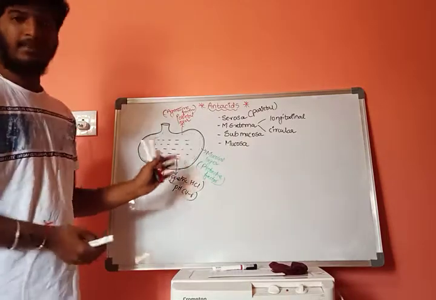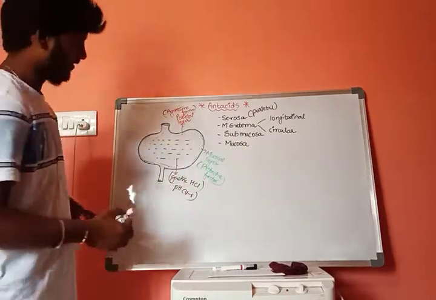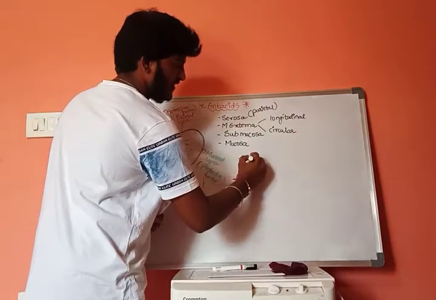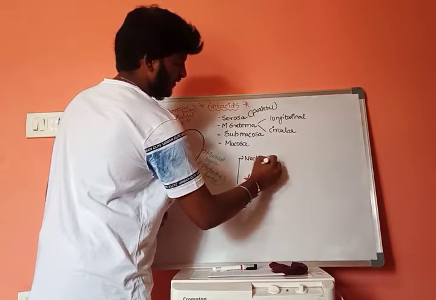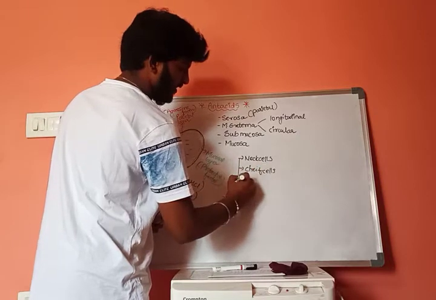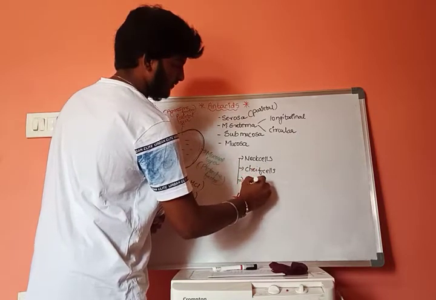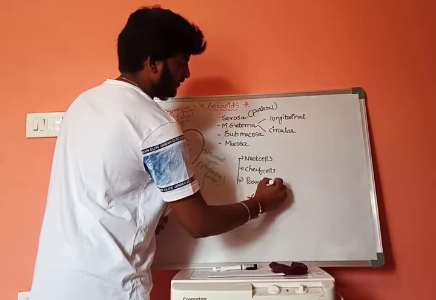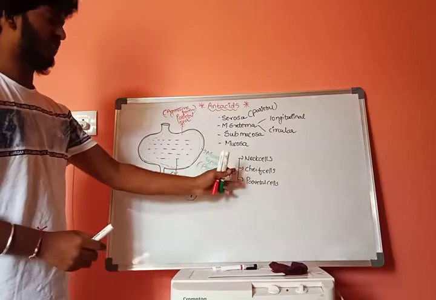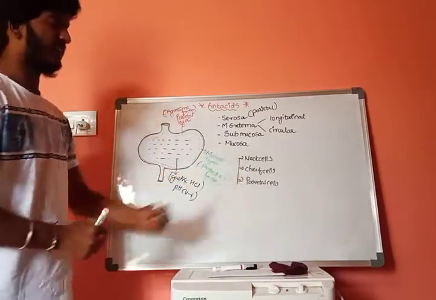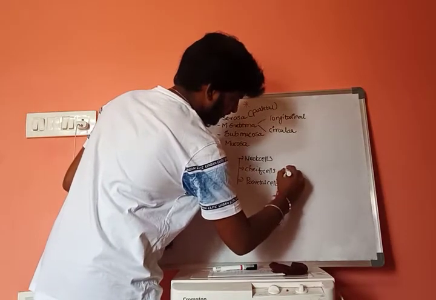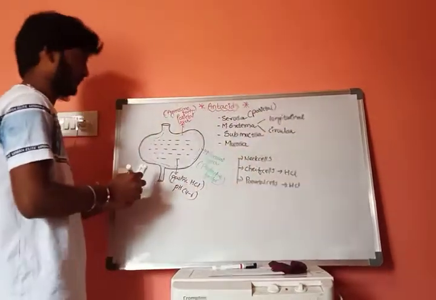Now, in our stomach, there are three different types of cells: neck cells, chief cells, and parietal cells. The chief cells and parietal cells secrete HCl.